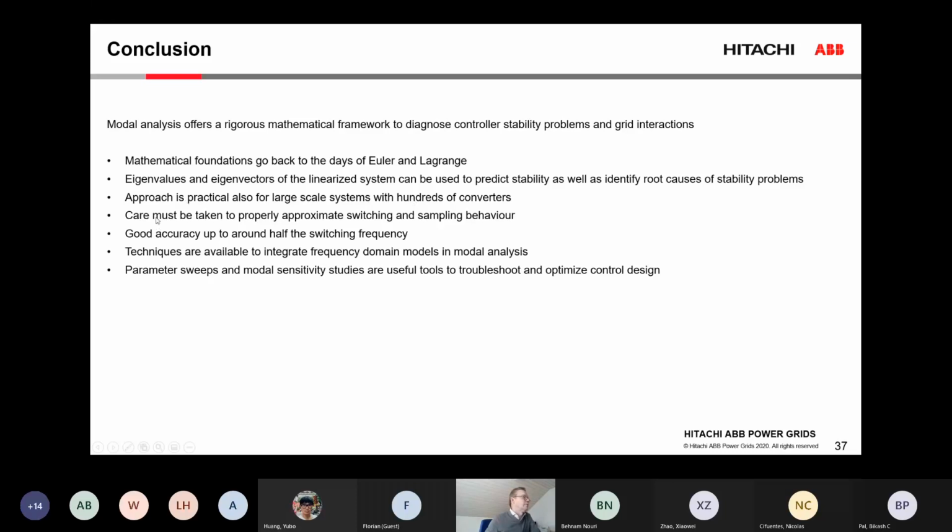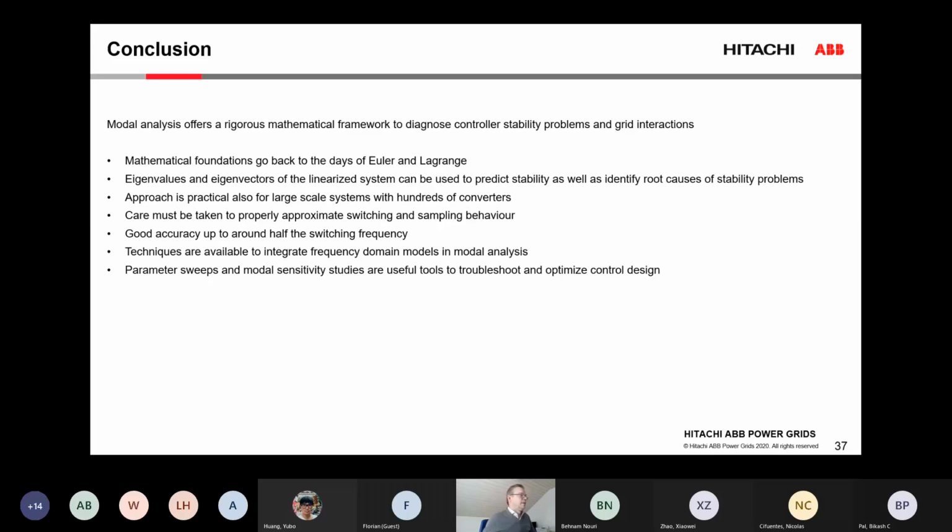However, there are a number of things: one needs to very carefully model things, and use proper approximations for delay and switching behavior. But if done properly, it is accurate up to about half your switching frequency, which is usually lower than your sampling frequency. So often the switching frequency is what is limiting the accuracy.